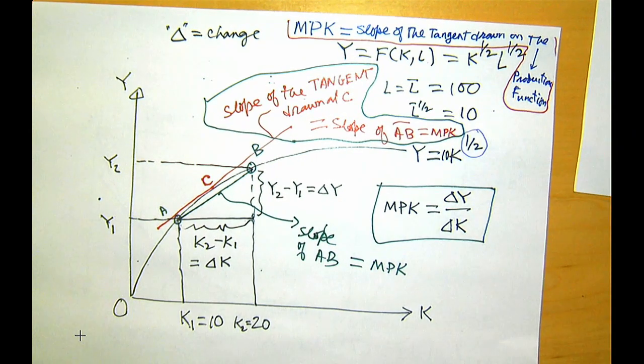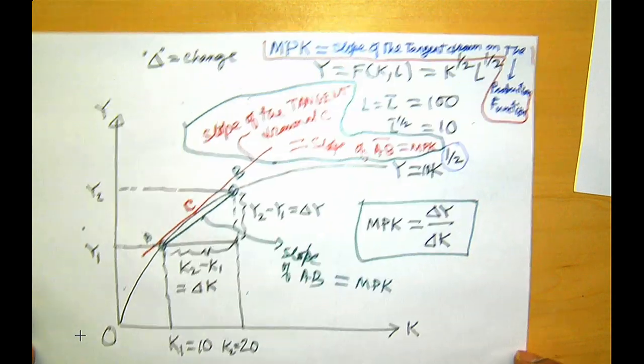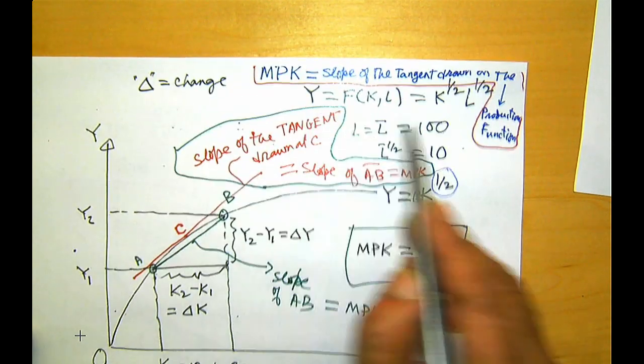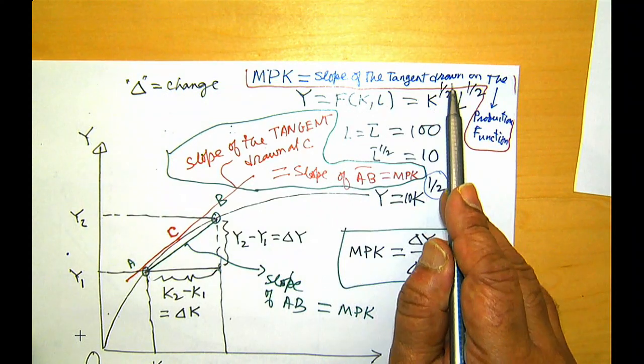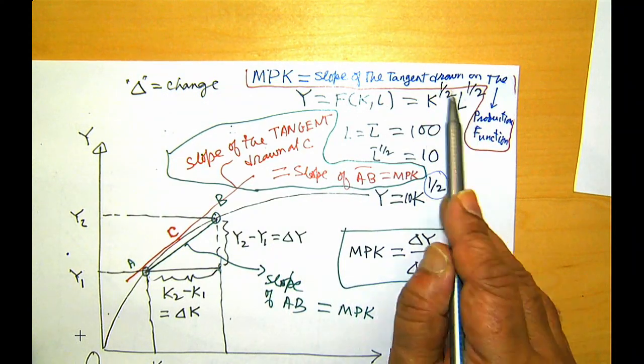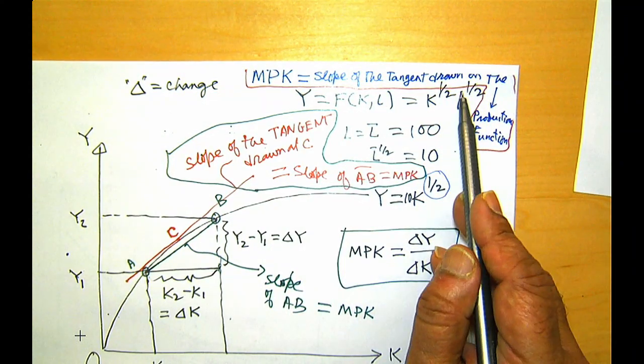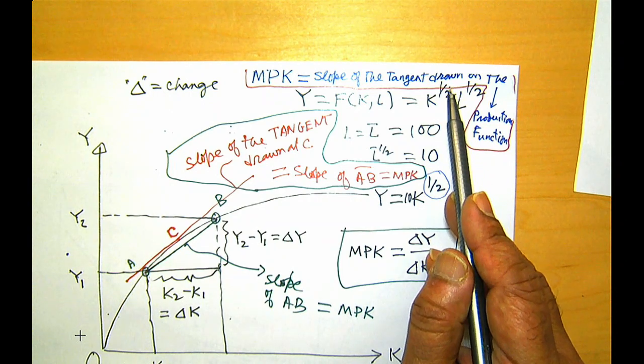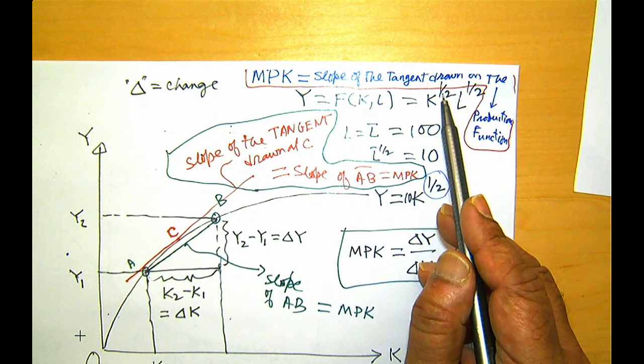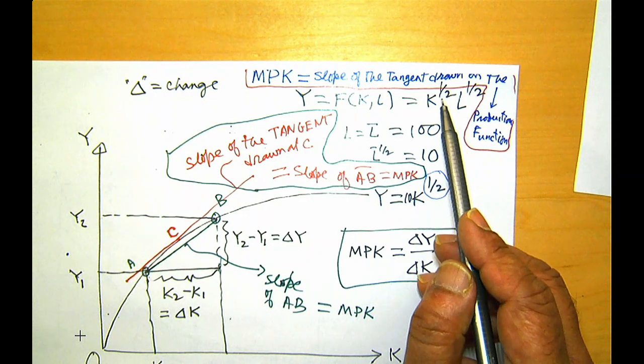So whenever you have something to the power, it's the elasticity. I'm asking you just to know this as a convention. Typically, you will have a production function with powers, and these two powers may add to 1, and then it will have some meaning, but it doesn't matter at the moment. So if you want the elasticity, that's it.